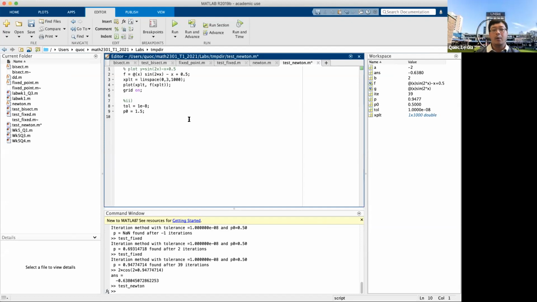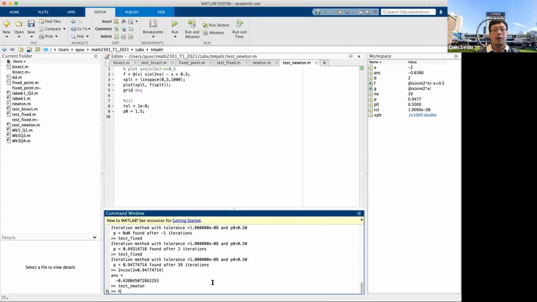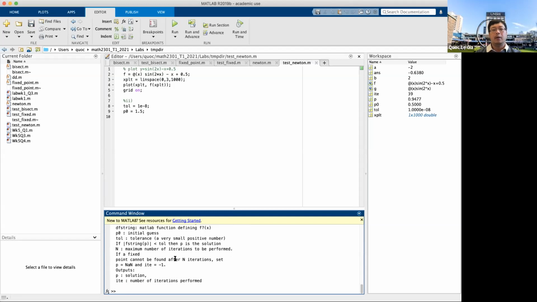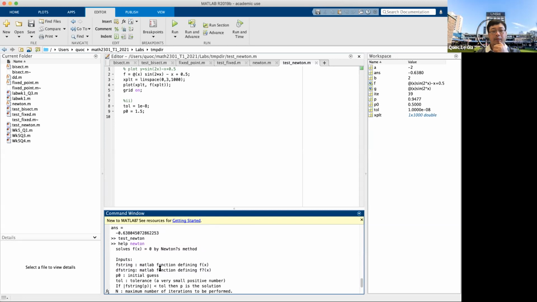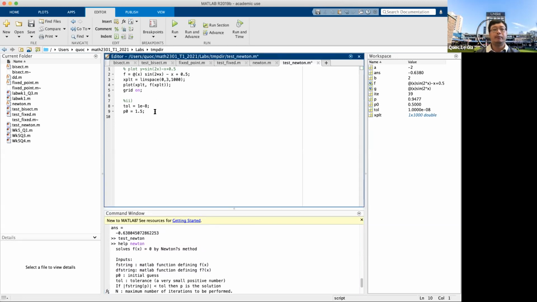Okay, and now we call Newton method. So remember, how do we call Newton method? Help Newton. You will see that we have to give f. The output is p and number of iteration, and Newton needs f.